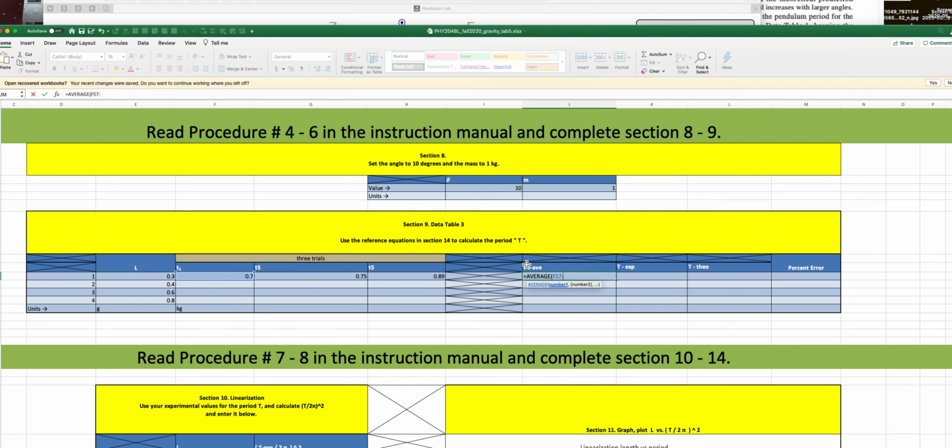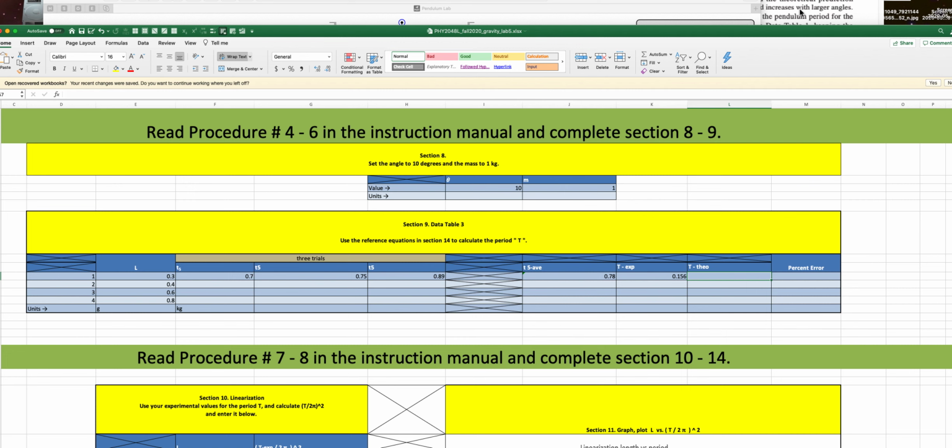And that's the average. And to calculate the experimental period, it's just going to equal this number, since it's 5 cycles, divided by 5. And the theoretical value, again, you're going to look at your manual.